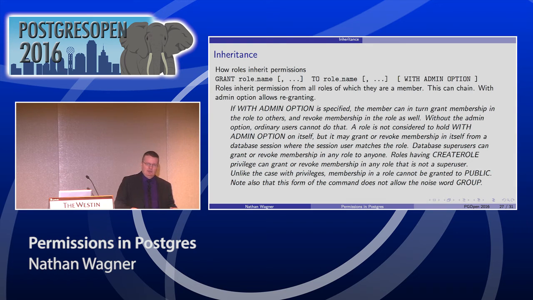So if you had read-only and read-write, it's kind of a contrived example, but you could grant only the write permissions to the read-write role, and then grant read-only to read-write, and then grant read-write to admins, and then grant admins to Alice, and Alice would wind up getting all the stuff from admins, which might even be nothing, all of the stuff from read-write, and all of the stuff from read-only, because it would inherit right on down the chain.